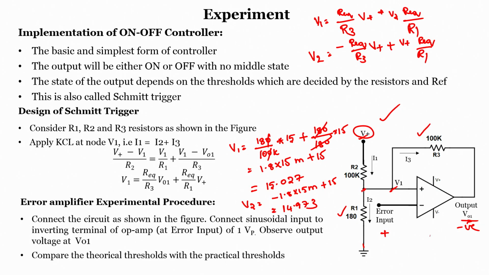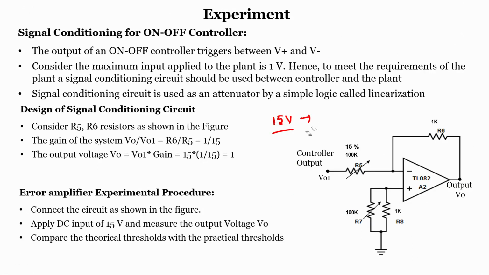The output of the controller is plus 15 or minus 15. So how do we do that? In order to do that, we are using a signal conditioning unit here. If you remember, how do we set a gain for an inverting or non-inverting amplifier?